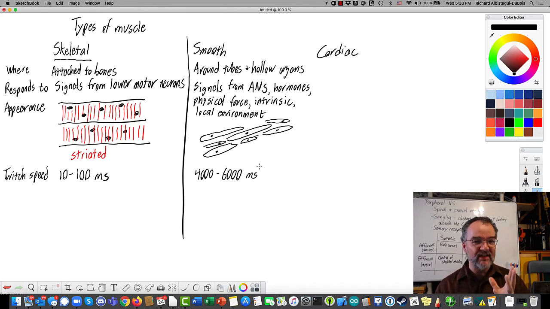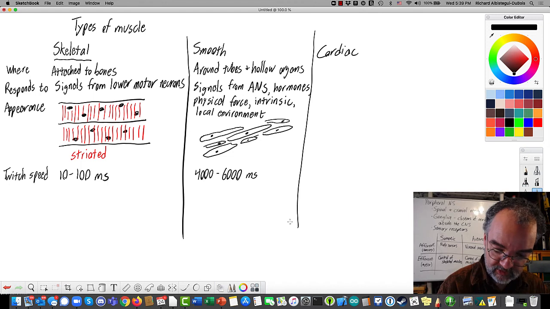Smooth muscle, on the other hand, sometimes its twitches are a little odd. For example, smooth muscle is capable of something that the other two kinds of muscle are not, which is that it can lock itself. They call it a latch state, that it can contract and then hold that contraction without expending a lot of extra energy. And we don't know exactly how it does that. It's kind of interesting. We'll talk about that again when we get to smooth muscle.